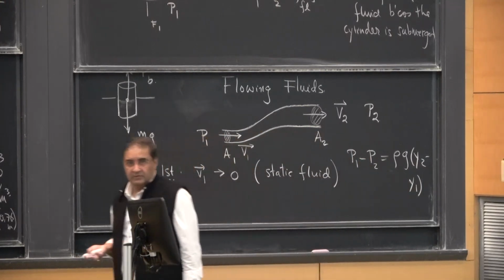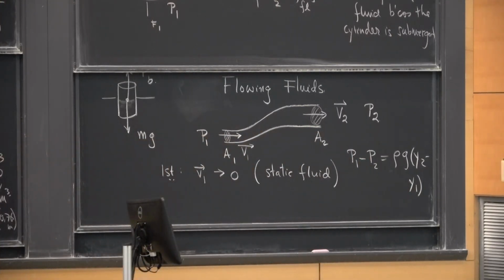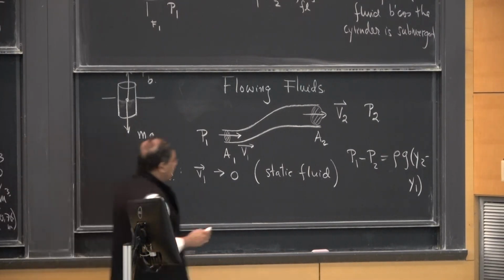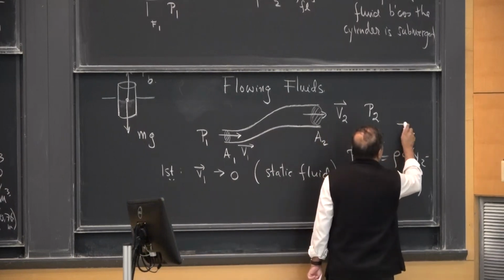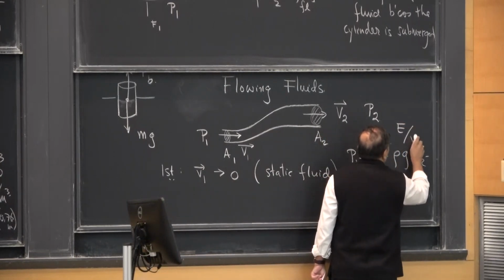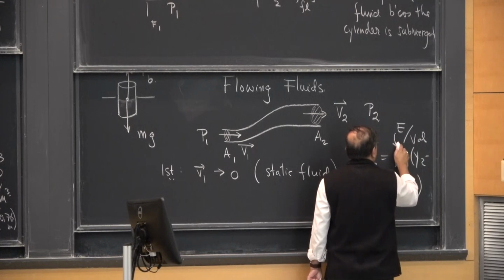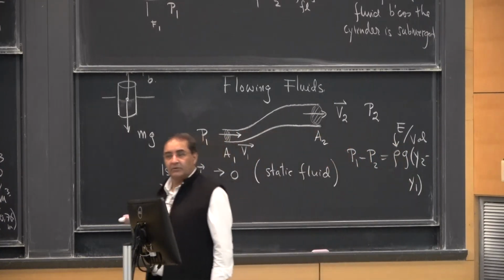In other words, like an mgh. And we know very well by now that mgh is potential energy. So the relevant unit here on the right side of the equation is actually energy divided by volume.